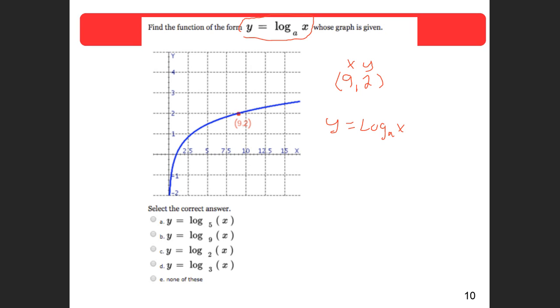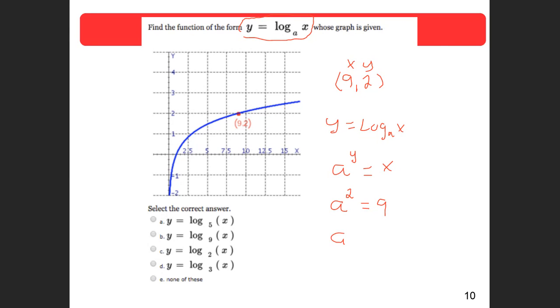I'm going to rewrite this as an exponent. So that would be a to the y is equal to x, right? Well, I know that when x is 9, y is 2, so I'm just going to put those in there. So a to the second is equal to 9. What does a have to be for this problem? 3, right?